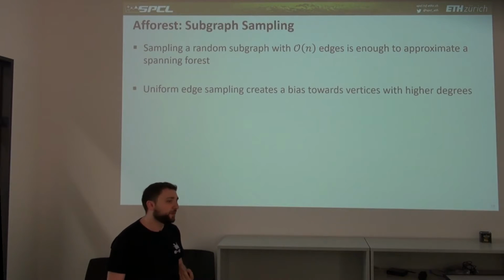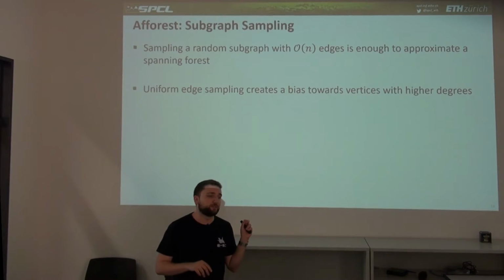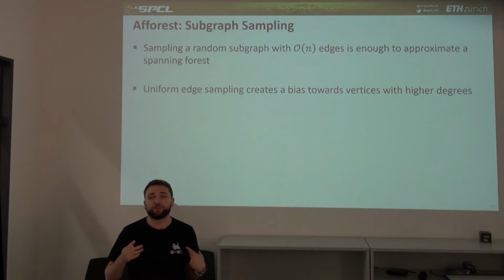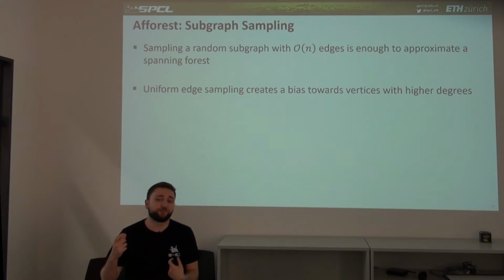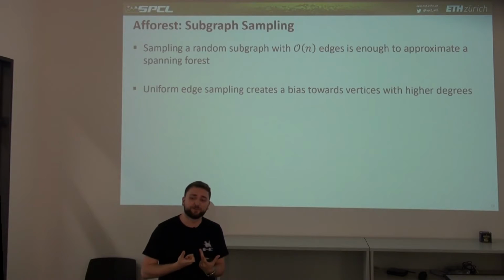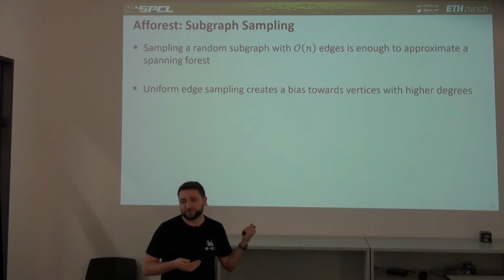So, for example, if you have a graph and there are two vertices, one vertex has a degree of 128, another vertex has a degree of 1, we would obviously want to sample the vertex with a degree of 1 because it obviously contributes to the connectivity of the graph, right? It is connected to something. However, if we were to randomly, uniformly sample an edge from the graph or two edges from the graph, we would most likely sample two edges from the vertex with the 128 neighbors.